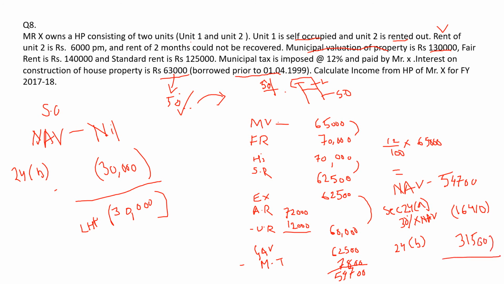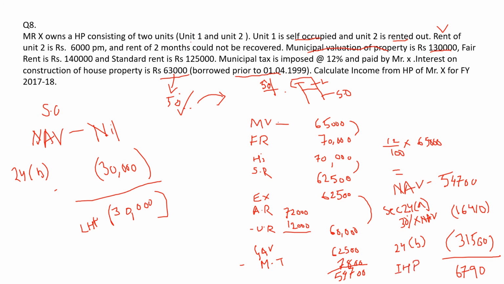So we will be deducting: 54,700 minus 16,400 minus 31,500. We get 6,790 as our income from house property 2, Unit 2.